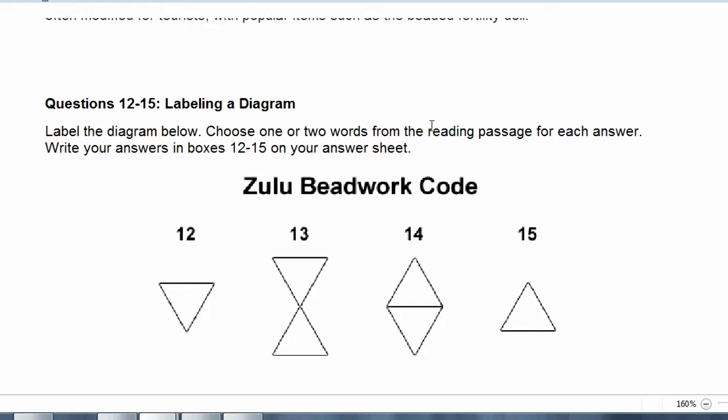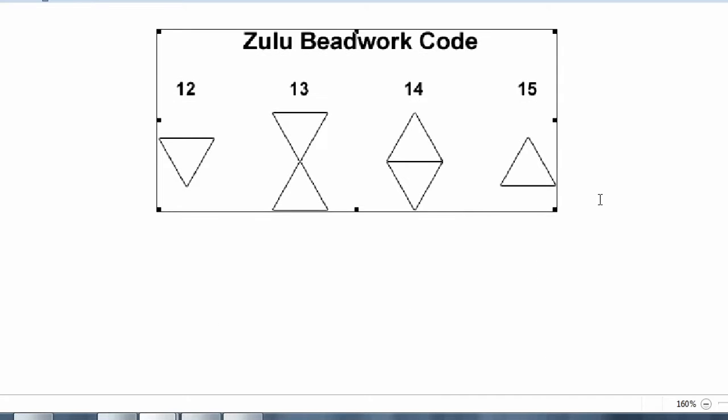And then you have to write. But choose one or two words. This is your instruction. So this time you're not going to write three words, but you're only limited to write one or two words.